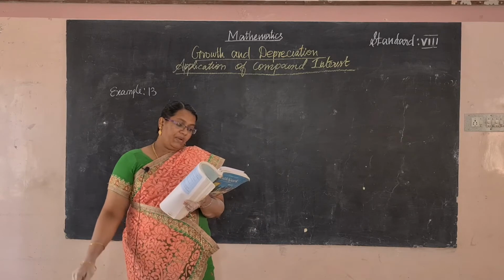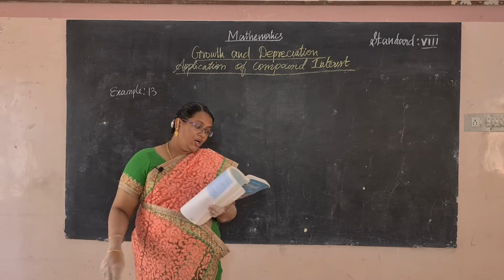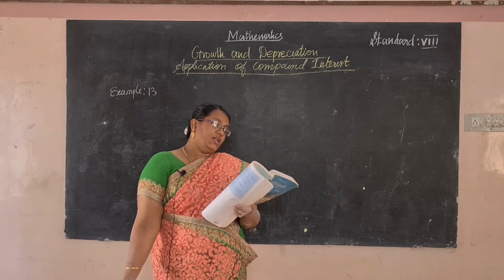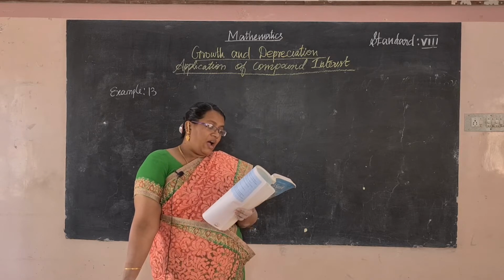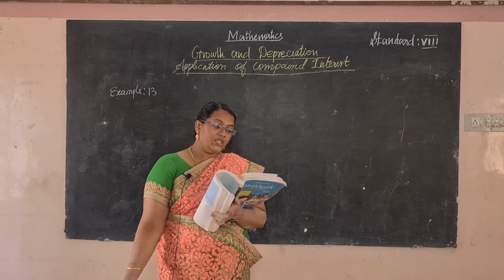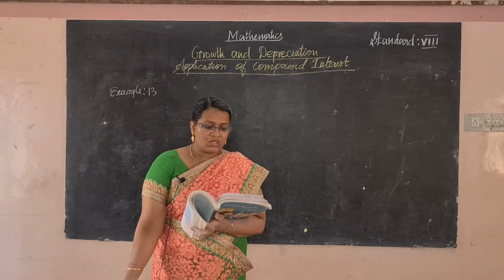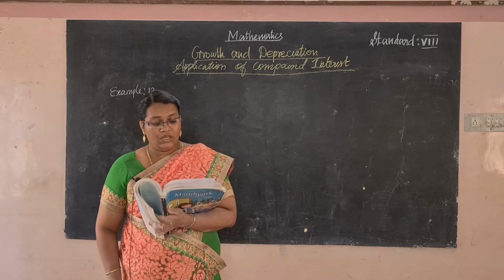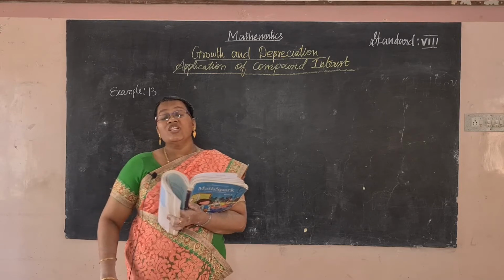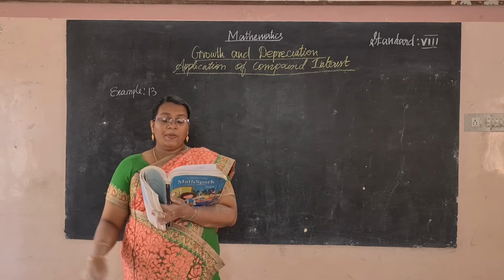So what is given? The principal amount 65,000 depreciates for 3 years at the rate of 10% per annum. So we have the depreciation formula.